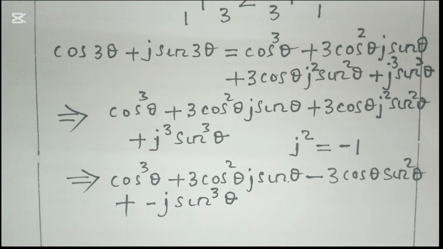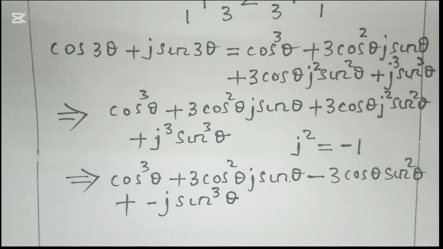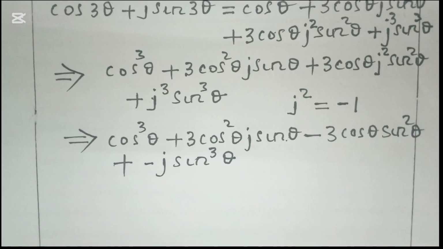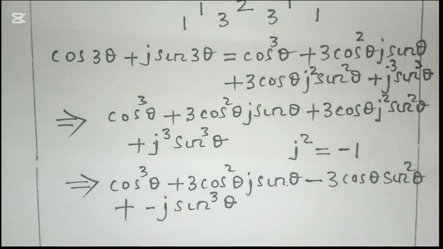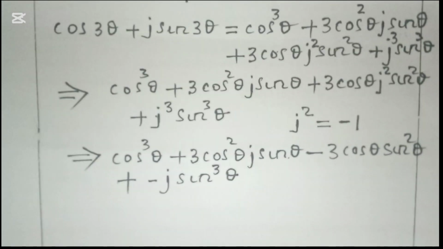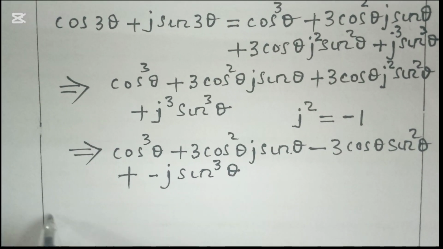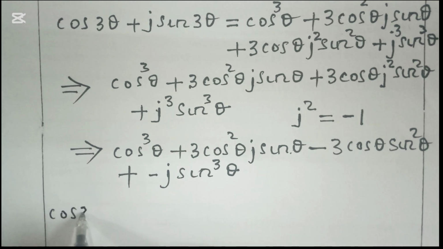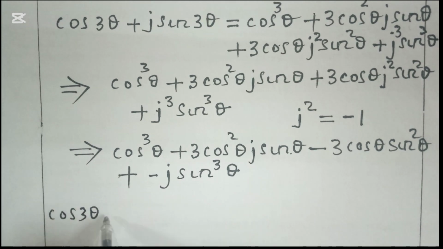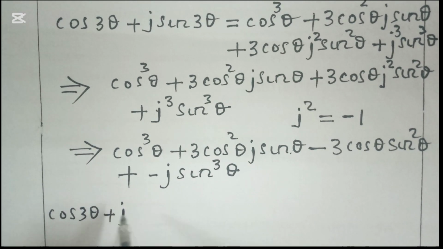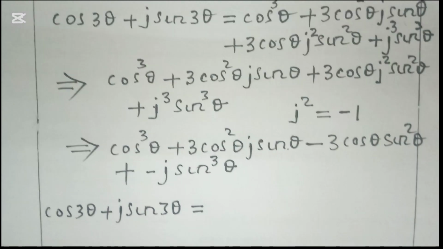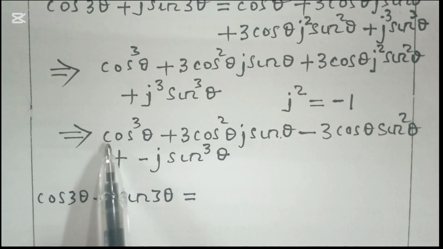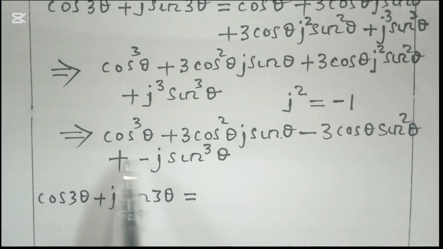So now we are going to equate our equation on the right side and on the left side. The right side I have cos 3 theta plus j sine 3 theta. This is equal to the left side, which is this equation.